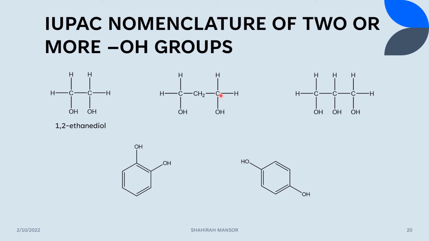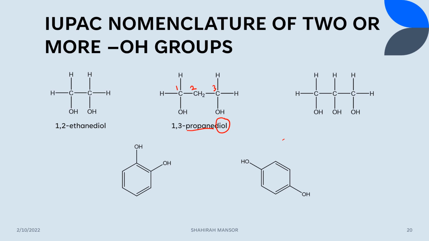The second structure. We have 3 carbon atoms, with 2 OH at positions 1 and 3. So this is number 1 and the third position. The name of this molecule will be 1,3-propane diol. Propane diol. The name is like an alkane, we just add diol at the back.